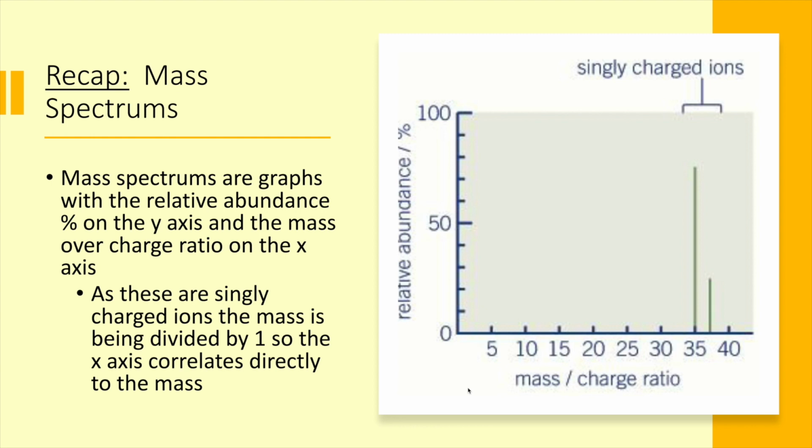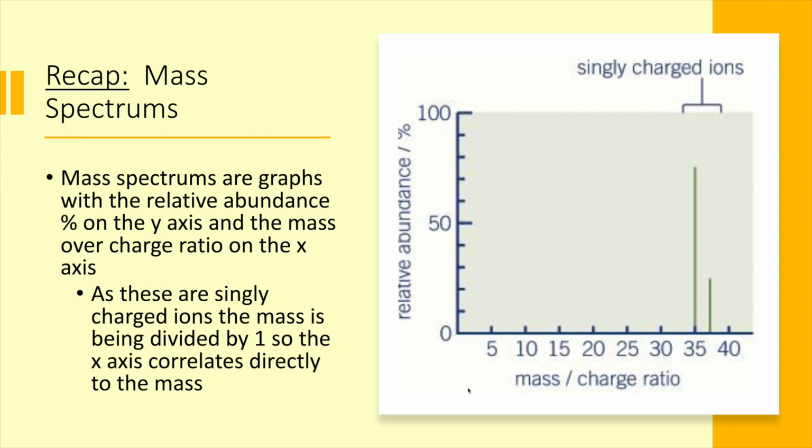So we looked mainly at mass spectrums of atoms and elements, as we were looking at isotopes at that stage. So you can see an example of a mass spectrum here, where you've got your relative abundance, so how common that isotope is, compared to the mass charge ratio at the bottom.